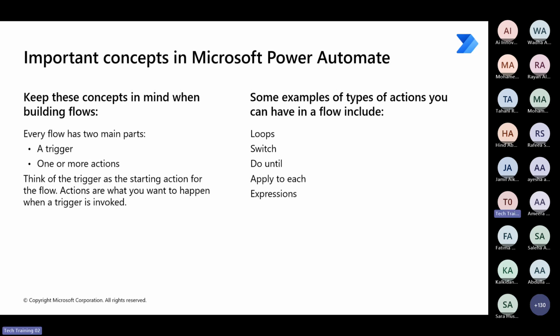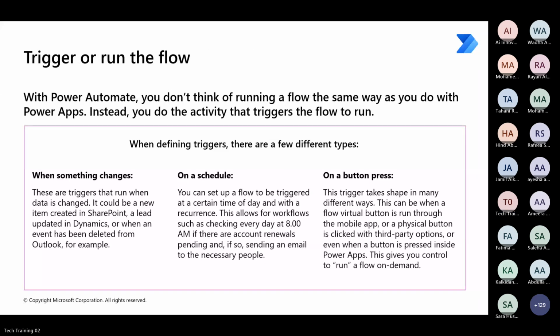Yes, we can. So we can do loops, switch, do until, apply to each, and expressions. We will see it along the way. So we can do this with a trigger, when something changes.